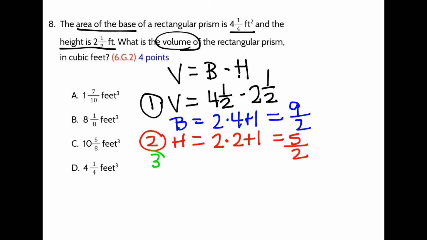Step 3 now is to go ahead and solve, which gives us 9/2 times 5/2. Once you solve that, you are going to get an improper fraction.